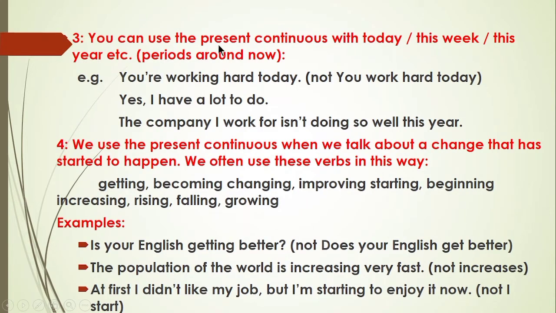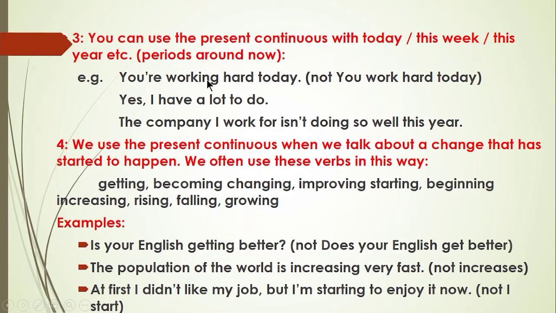Next, you can use the present continuous with today, this week, this year. So when we have an action that is happening over some period like today or this week or this year, that may not be in progress at the current time, but over this week or today or this year, we can also use present continuous tense for that. For example, you are working hard today.